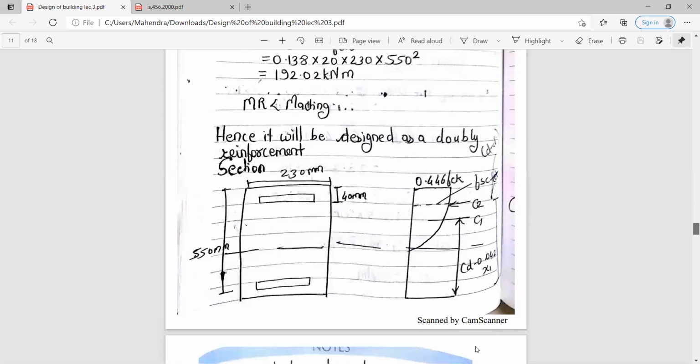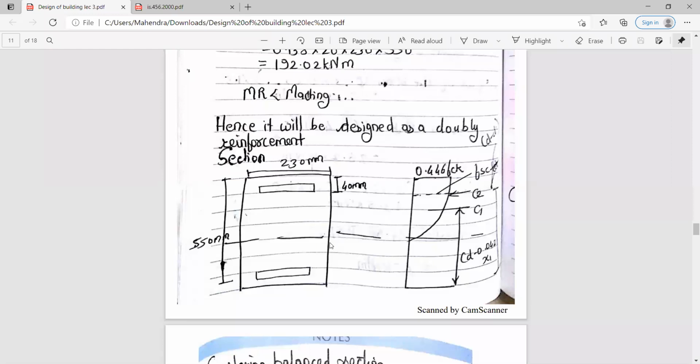So just draw the diagram. This is your B and D. This is your diagram for the doubly reinforced section. This is the C1, C2, 0.446 FCK. Already this has been covered in your TRCS. And this distance is nothing but D minus 0.042 X1. And this is your D minus D dash. So just draw this diagram for the doubly reinforced section.